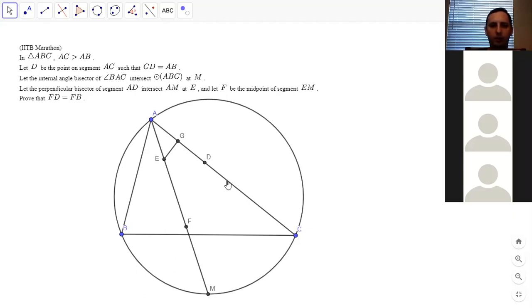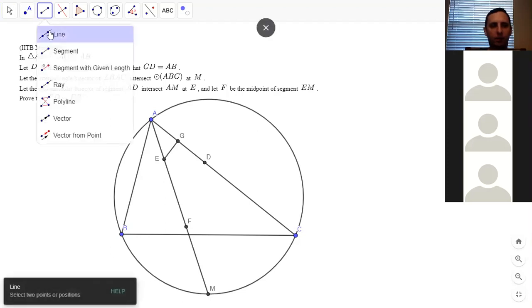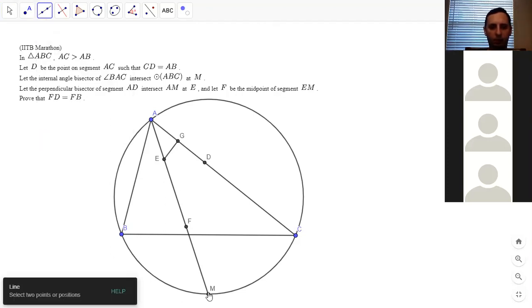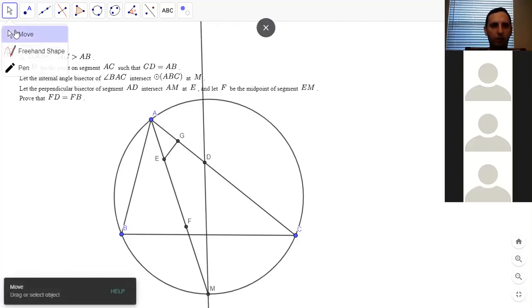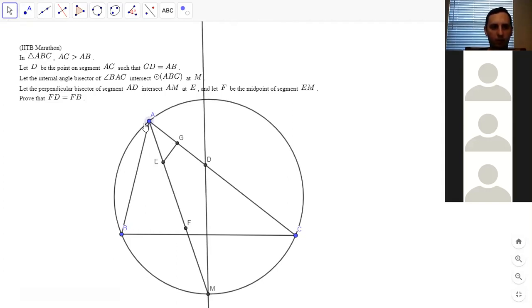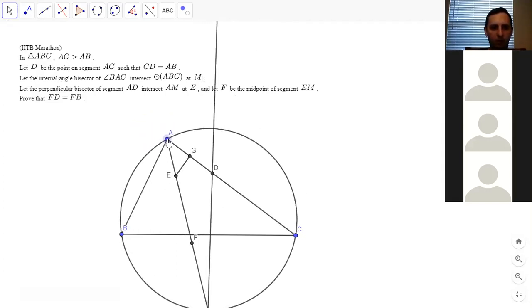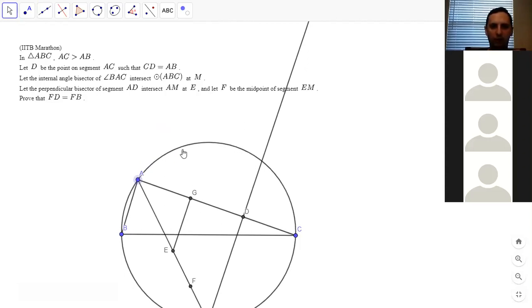So yeah, how do we use the fact that CD equals AB? That seems key to this problem. It almost looks like MD is not perpendicular to BC though.